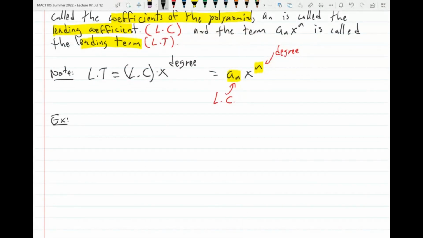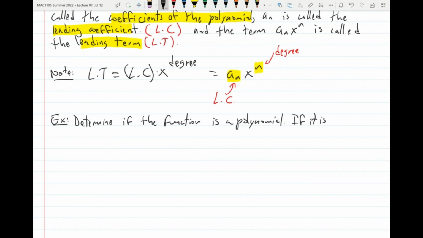So example, determine if the function is a polynomial. If it is, find its degree, leading coefficient, and therefore, once you know degree and leading coefficient, you can easily tell me also what's the leading term.